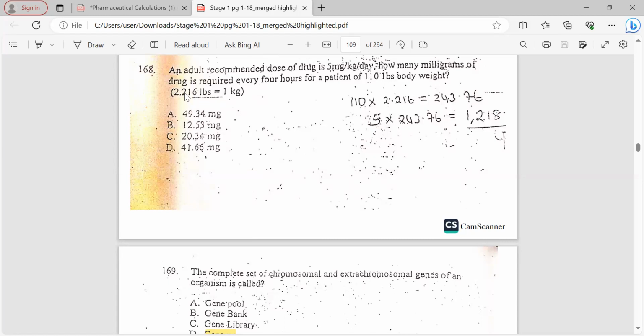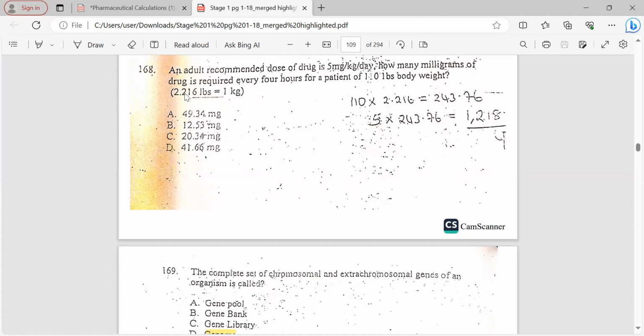So we take 110, we divide by that, so those are the kgs of that person. And the recommended dose is 5 milligrams per kg. So we multiply 5 times the number of kgs to know the milligrams. 248 milligrams per day. But they said this drug is taken every 4 hours.